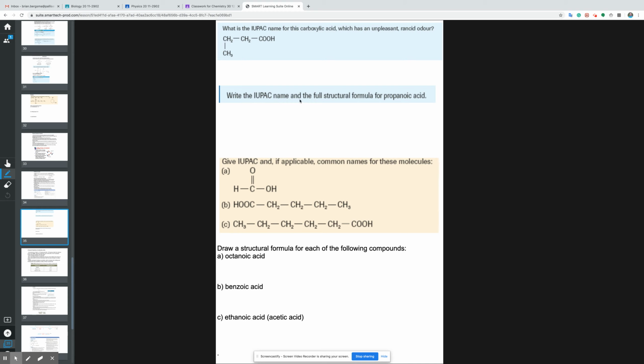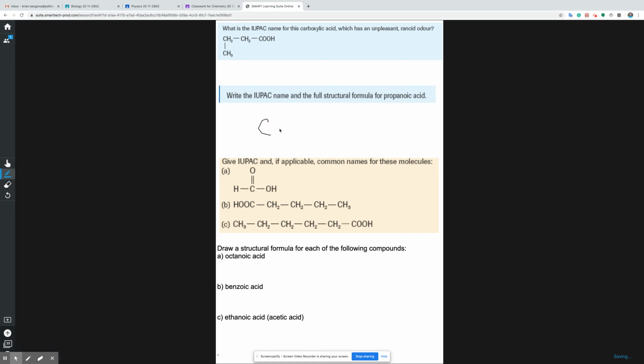Okay, here write the IUPAC name and the full structural formula for propanoic acid. Well, the IUPAC name here is propanoic acid. And then the full structural formula, it's going to have a 3 carbon chain.